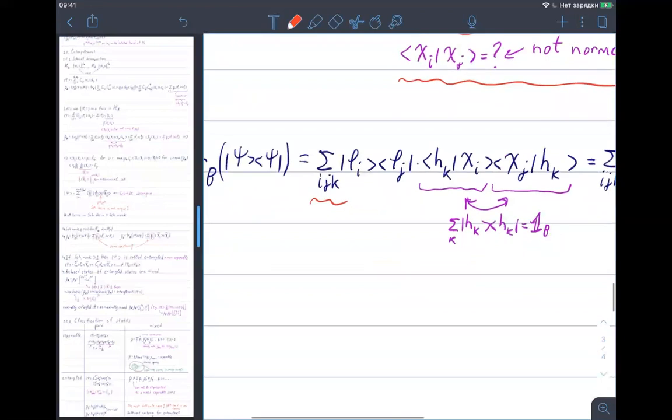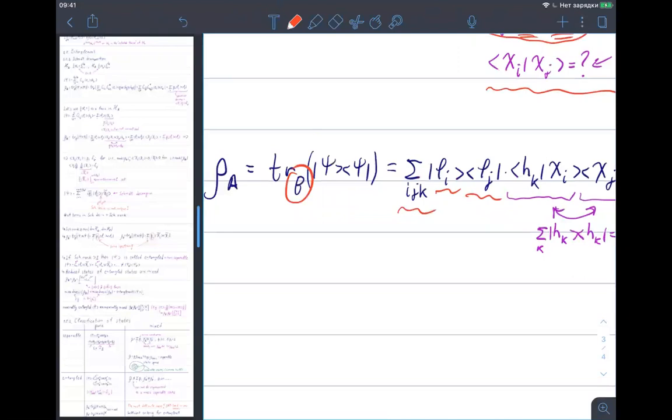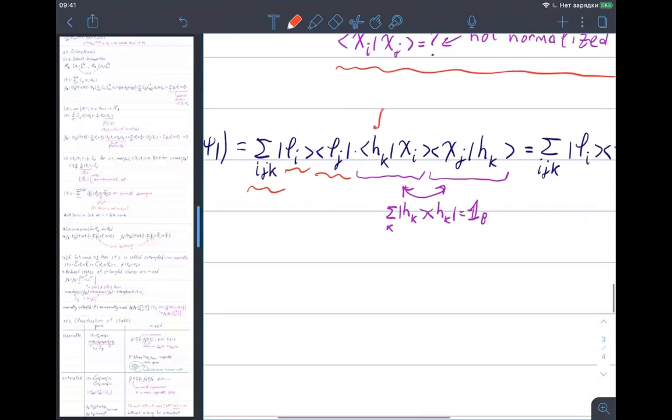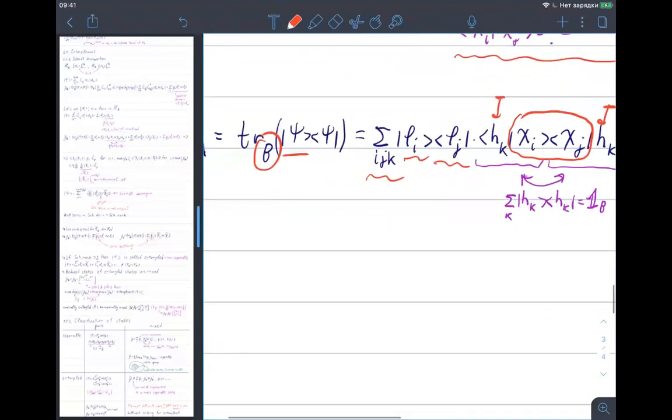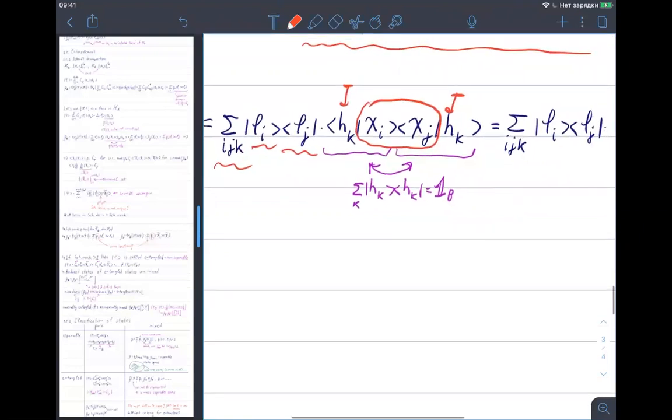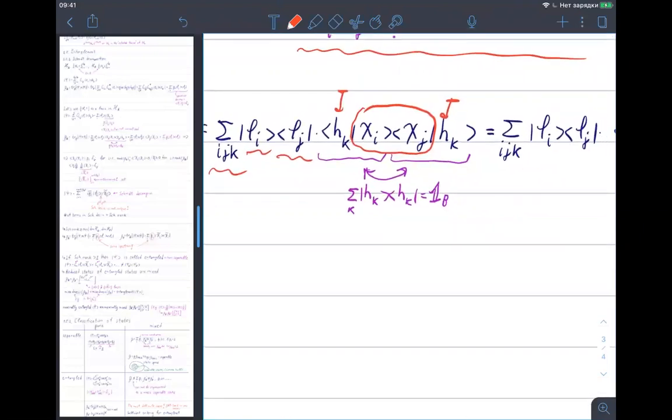Here I have phi_i, phi_j, and I take the partial trace over the B system, so here I have this h_k, which comes from the partial trace, and inside I have h tilde_i and h tilde_j, which come from this psi. I have these two terms and I can swap them. Then I have a summation over k, and the summation of these h_k projectors is just the identity operator.